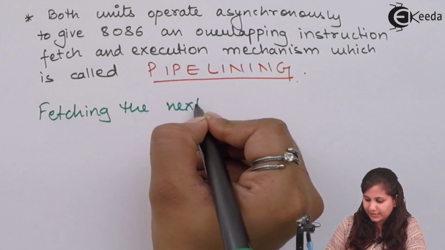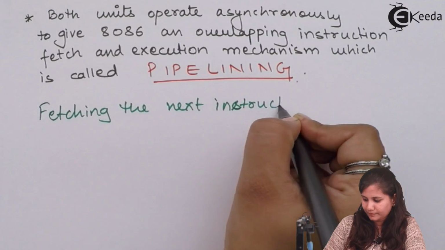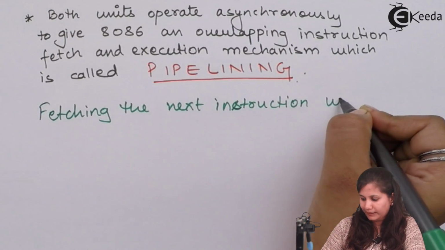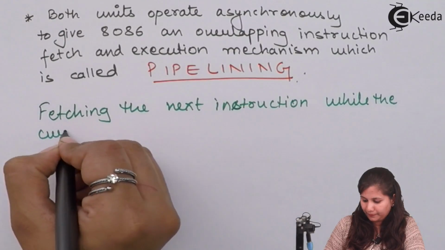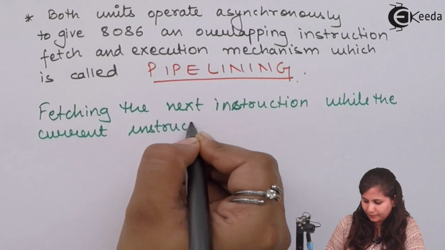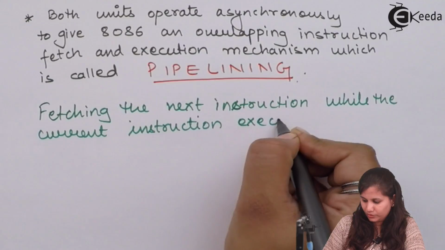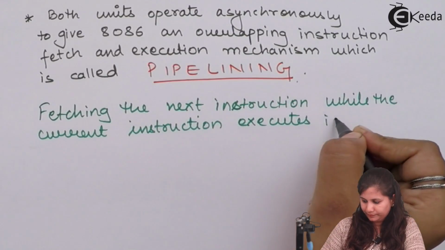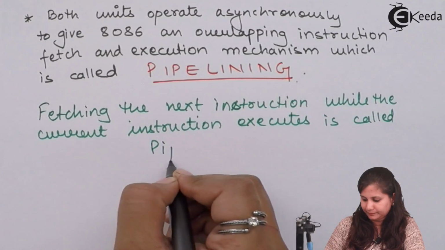Fetching the next instruction while the current instruction executes is called pipelining.